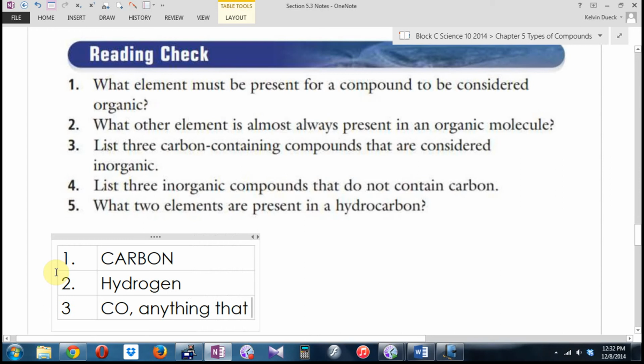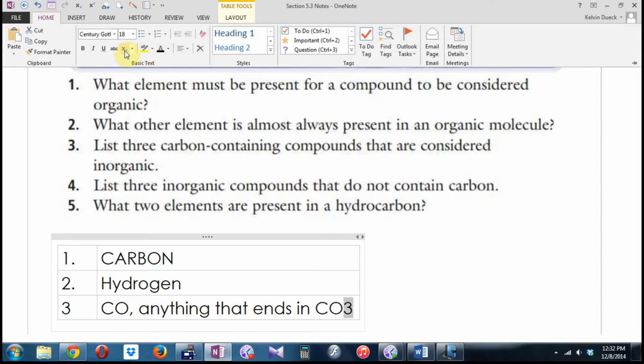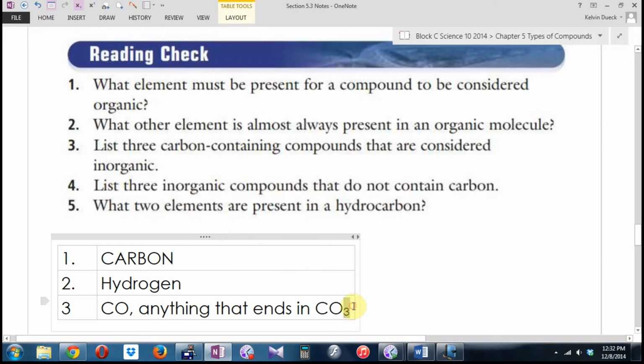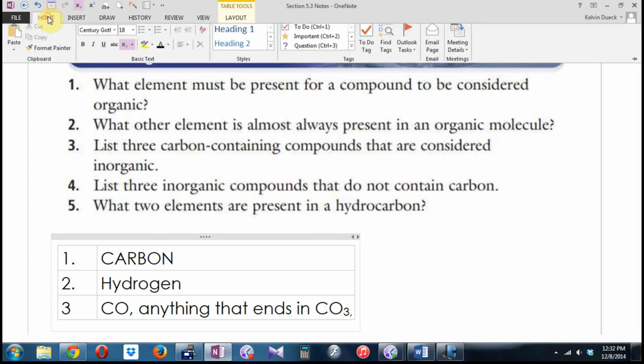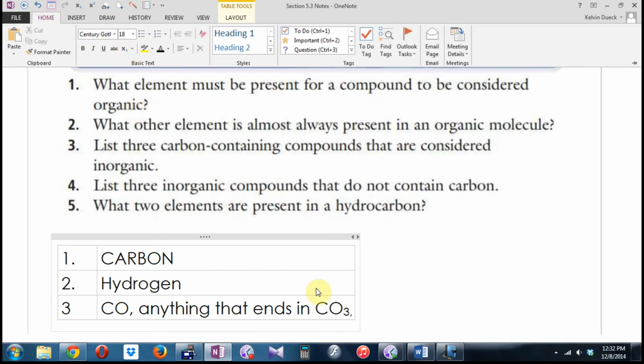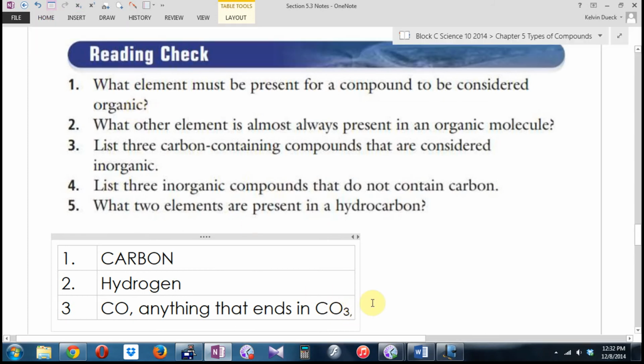Anything that ends in carbonate, CO3. Also Al4C3, where the carbon is acting clearly like a nonmetal.